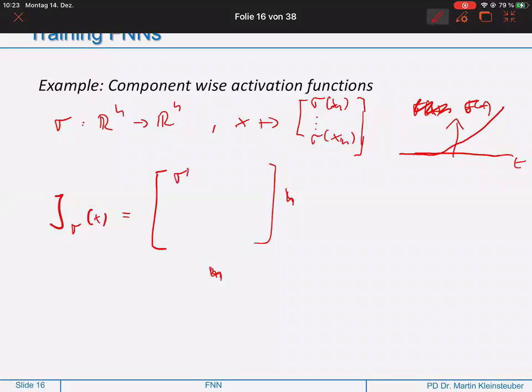This is sigma prime of x1, and the rest here is 0 because it only depends on the first component, the first function.